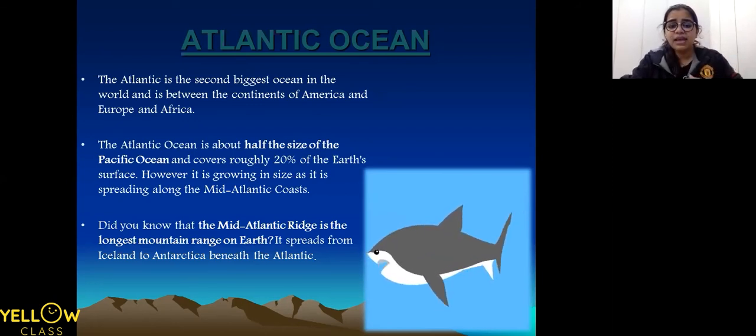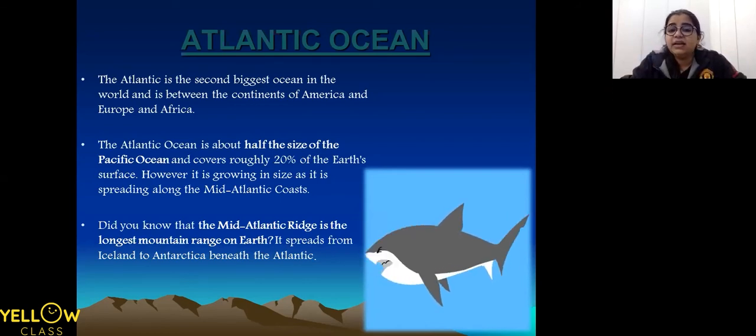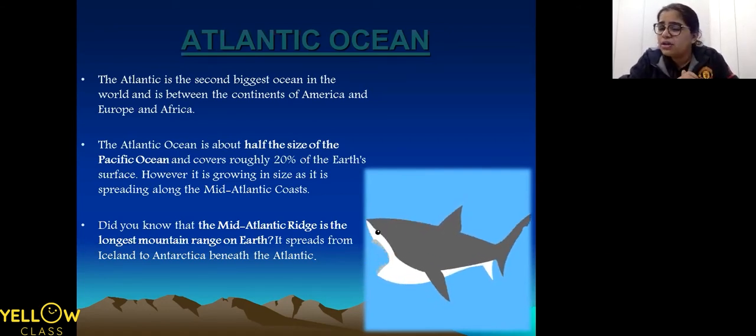Now, there is one thing which is very, very interesting about the Atlantic Ocean, and that is something called the Mid-Atlantic Ridge. What is it? A ridge is again some kind of landform, okay? It is the longest mountain range on Earth.